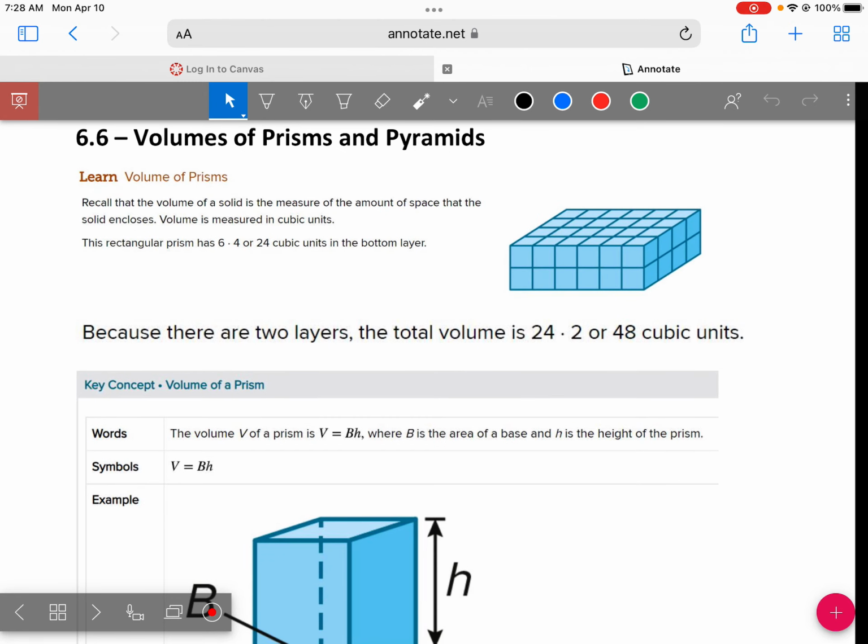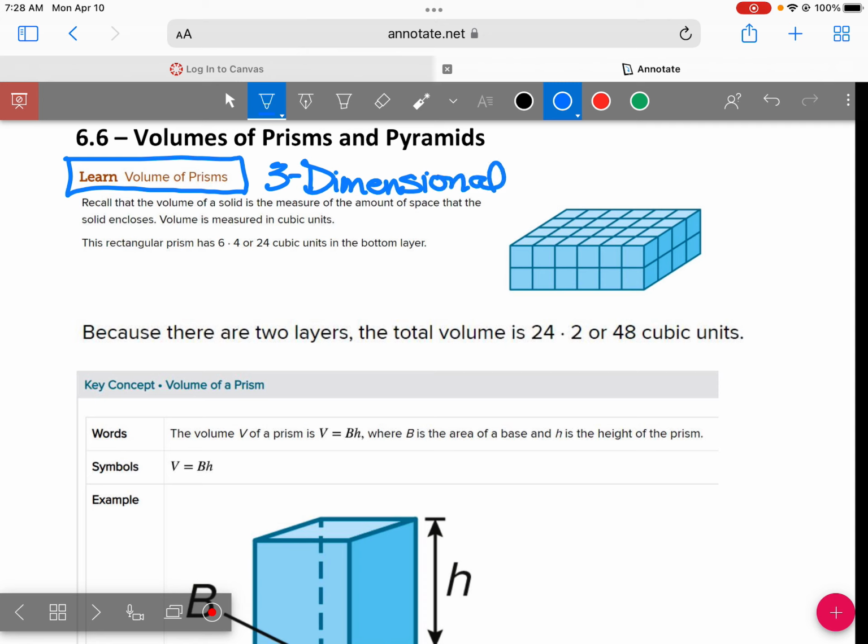Volume. We're talking today about volume of prisms. What makes a prism a prism? 3D. Okay, it's 3-dimensional. What else? There's a little bit more than that.